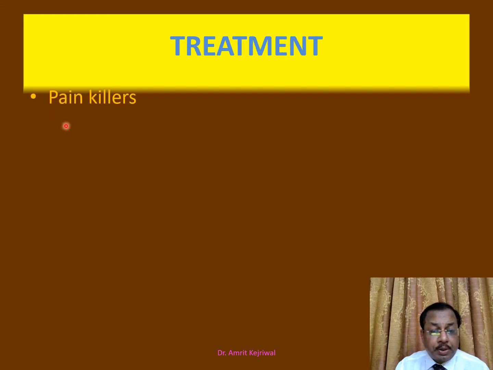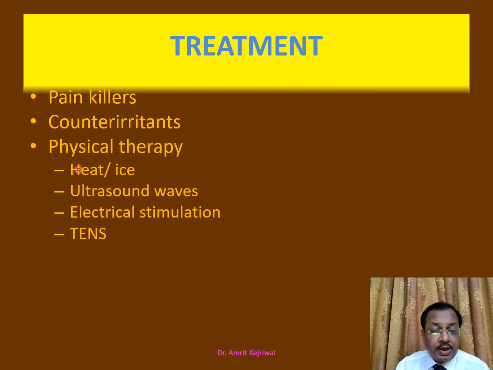Treatment. Sometimes you take painkiller tablets, you take rubefacients and counter irritants, apply them and they may reduce the backache. Physical therapy such as heat or ice, ultrasound waves, electrical stimulation, then transcutaneous electrical nerve stimulation, TENS, and steroid injections may be used for backache.